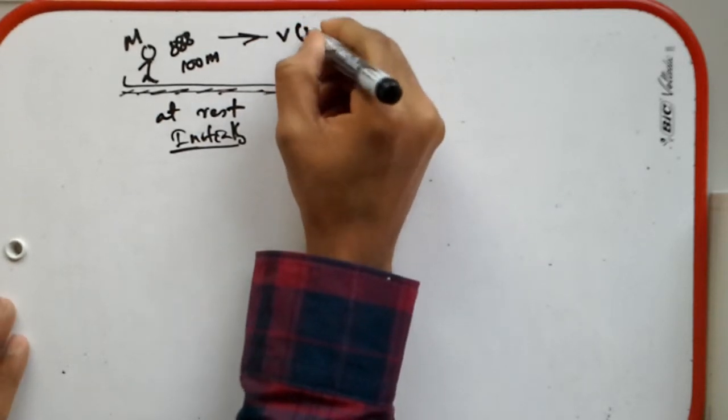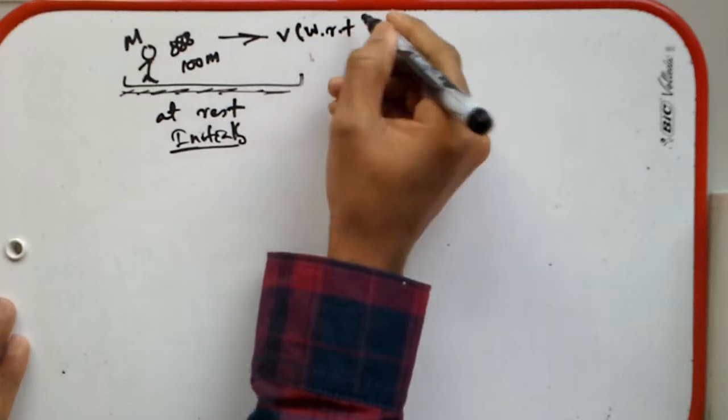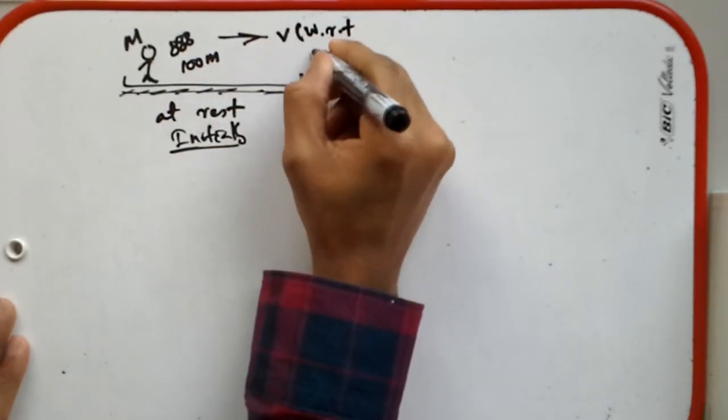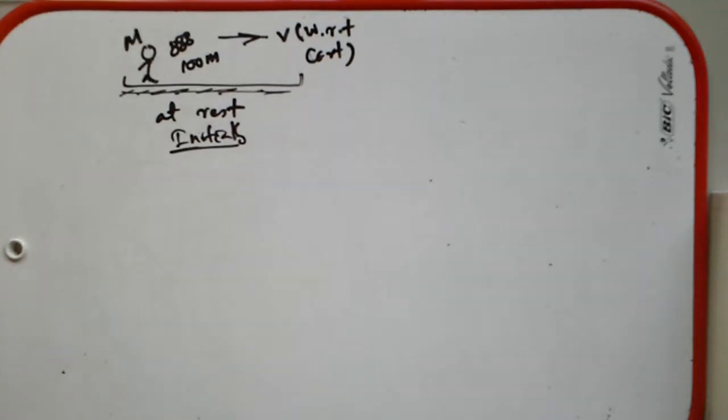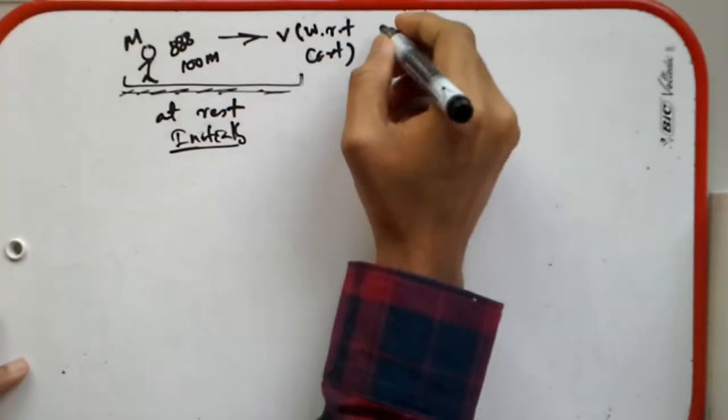Now this is with respect to the cart. He's throwing the ball one at a time with respect to the cart. So what would be his final recoil velocity? That is the question. This question is not really straightforward, but it's not very complicated either.